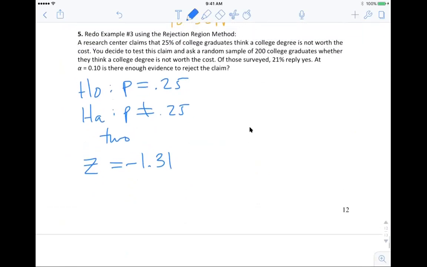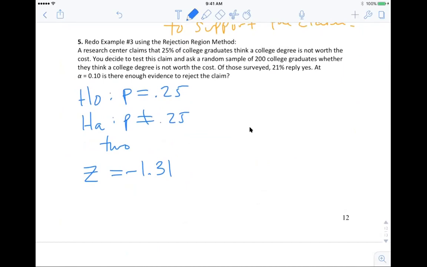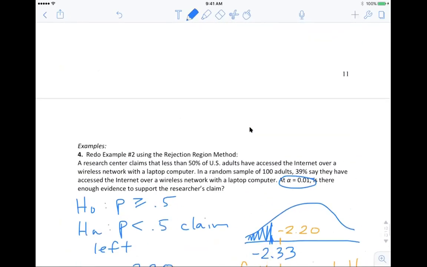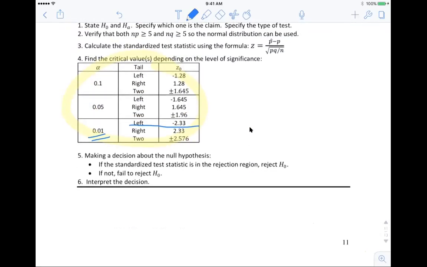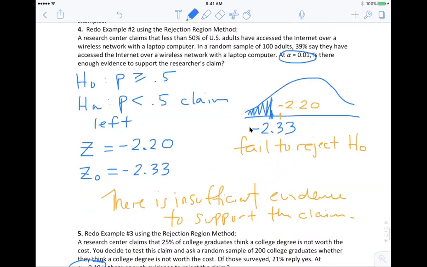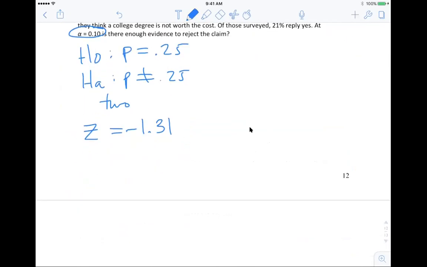Now you're going to find that critical value based off of a level of significance of 0.1 and the fact that it's a two-tailed test. 0.1's right there, two-tail, plus or minus 1.645. That's Z sub 0, the critical value, plus or minus 1.645.